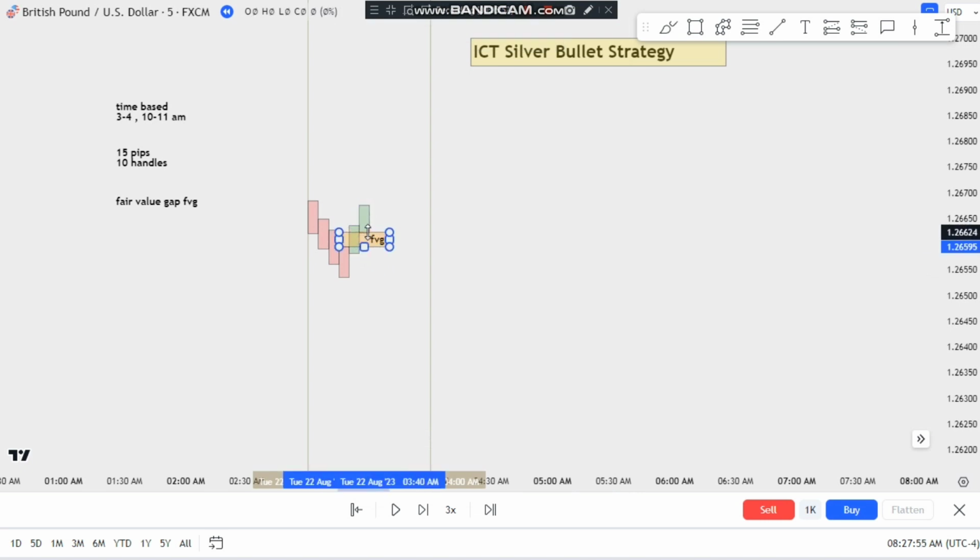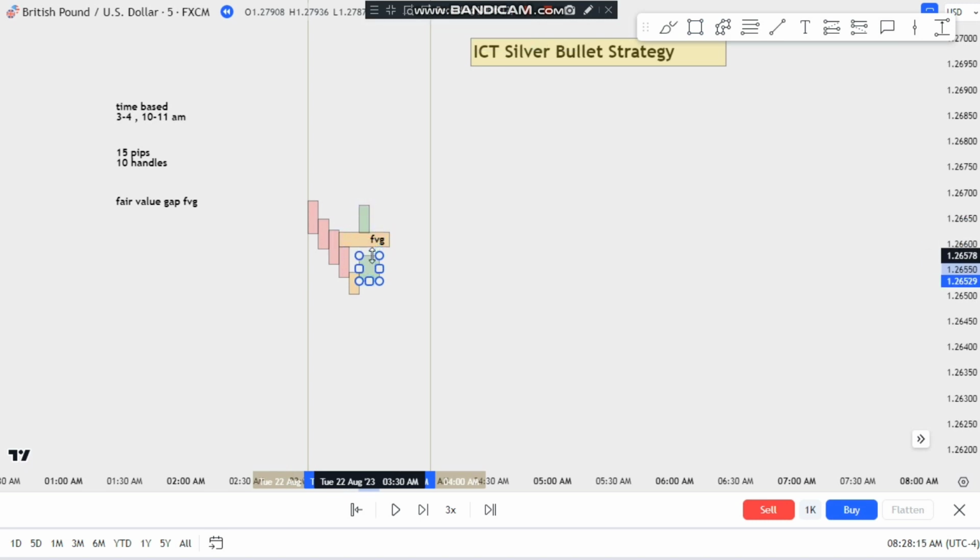But there is one more thing to this strategy. You just can't enter into every other fair value gap. Something like this can also happen, that you will get a fair value gap to the downside, and then you will get a fair value gap to the upside too.